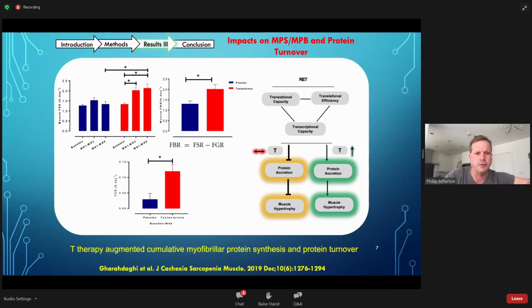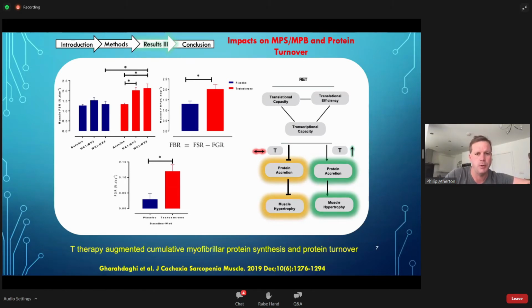But really just focus on this 1 to 6 week period, which is effectively the full period of the intervention. As we've shown before in older individuals, over 6 weeks we don't see a great deal of increased incorporation, whereas in the testosterone group, we do.